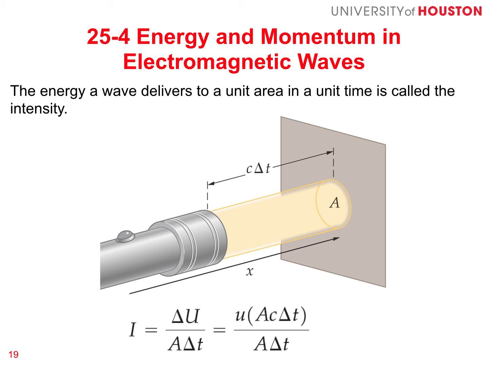Then if we multiply by the energy density, we get the amount of energy that's delivered to the area. That is then divided by the area times the time, and we find that the areas and the times will cancel. So the intensity of an electromagnetic wave is simply the energy density of the wave times the speed of light.